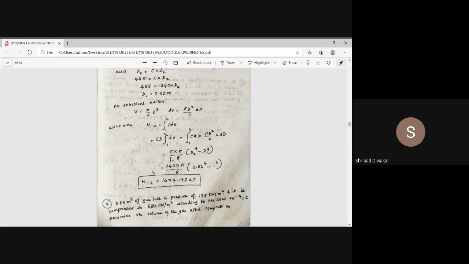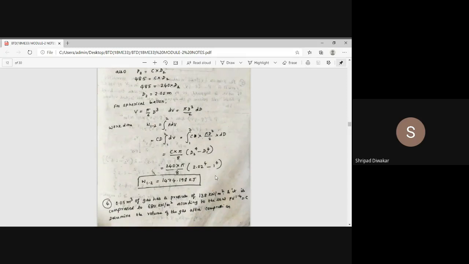C is 240, as we got after solving, into pi by 8. Just substitute and simplify: apply the integration, substitute the values, and you get the answer. C is 240, pi is constant, divided by 8, d2 what we got is 2.02, minus the initial diameter 1, to the power of 4, like that. So you can solve the problem.